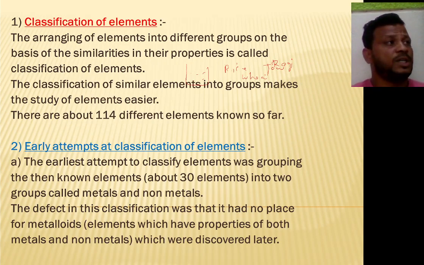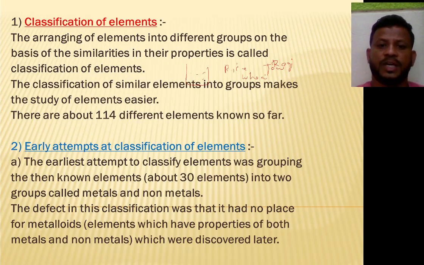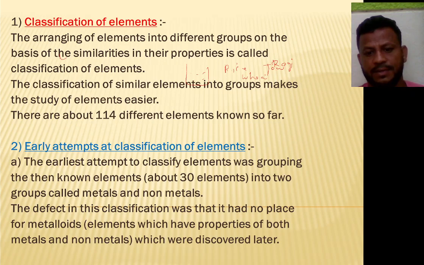If we want to separate these grains or food items, we see the properties, the appearance, the sizes, the categories. According to these points, we separate the rice, the ragi, the wheat, and the jowar.